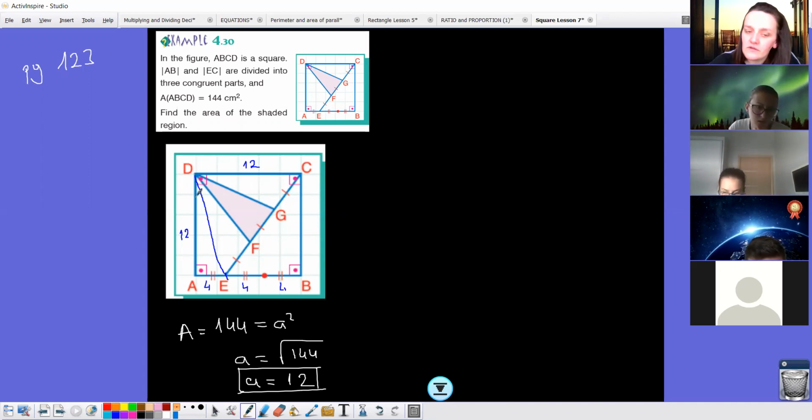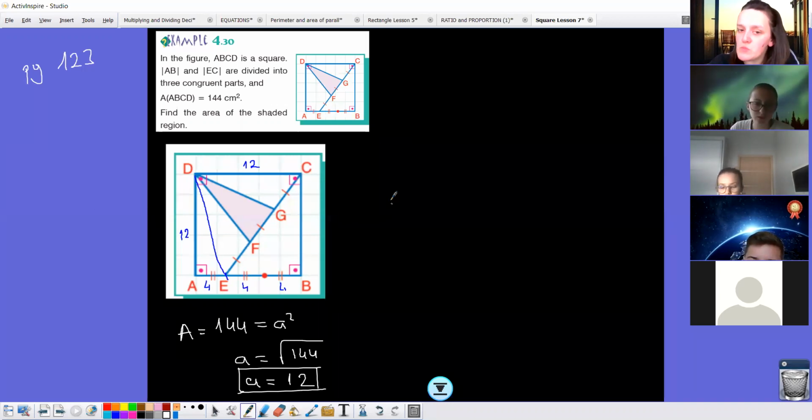I know. The area of this DEC. If you draw a diagonal from D to B, will it help? No, teacher, we should find the area of the triangle. Yes, I'm asking you how we can find the area of this triangle.